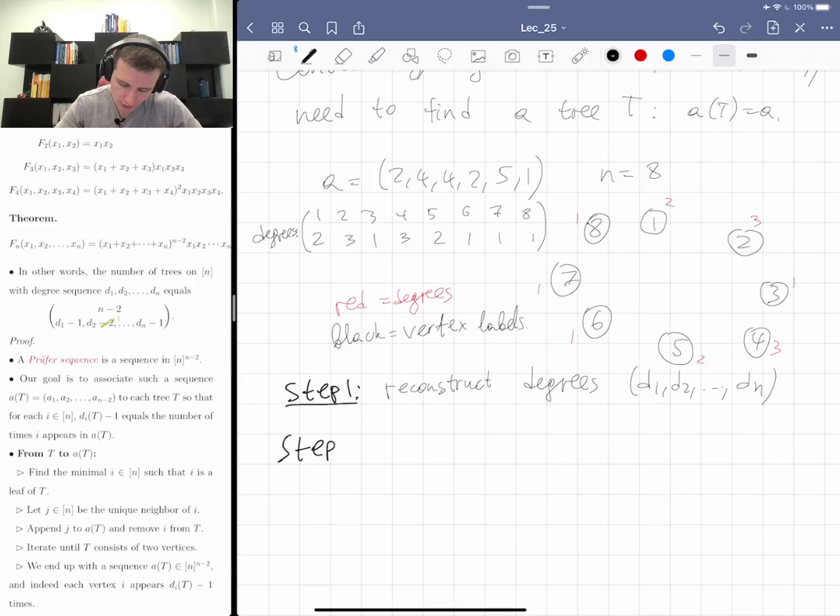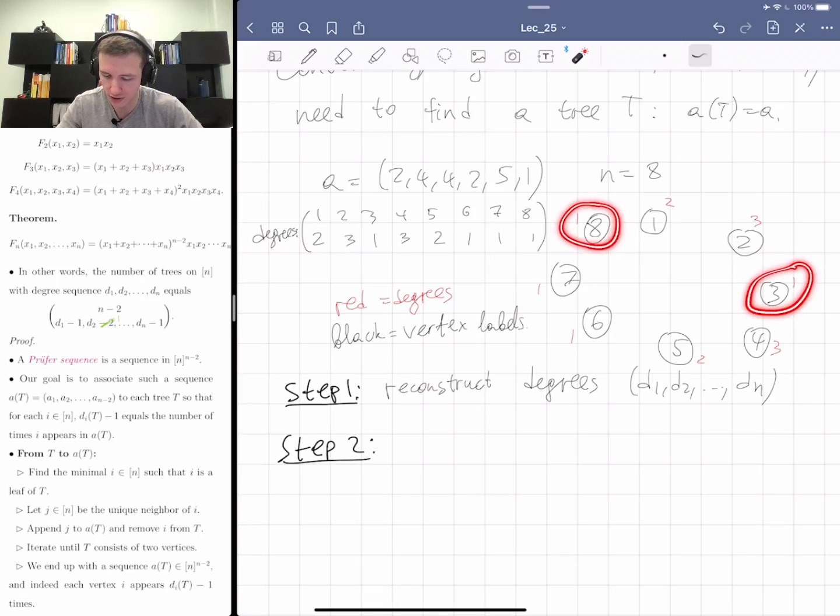Step 2 is now you know which vertices are leaves. In the original tree, all the leaves are degree 1 vertices, so if you know the degrees, you know which ones are the leaves. In particular, the algorithm starts by removing the minimal leaf.